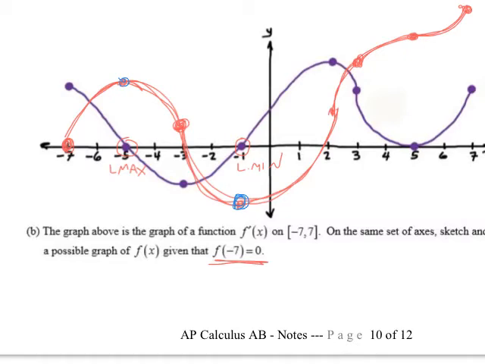So being able to say, well, I know that from -7 to -5, the function will be increasing because the derivative is positive. Or I know that the function will be concave down because the derivative is decreasing. So that's your primary objective, is to be able to understand that relationship.